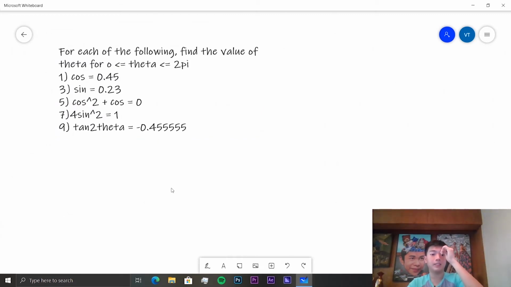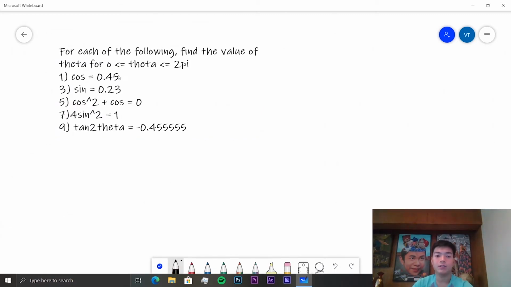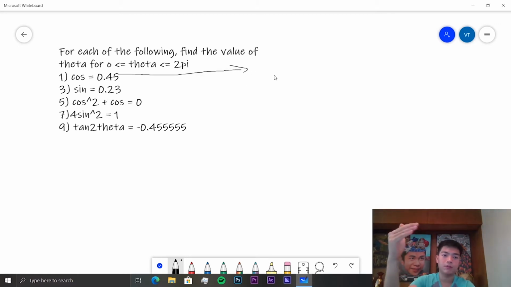So let's solve this. First, cosine theta is equal to 0.45. Well, we know there will be two values for this. So let's get the two values. If we put cos negative 1 of 0.45, we get the value in degrees still. Let me just change that. So cosine inverse of 0.45, we get 1.10 radians.